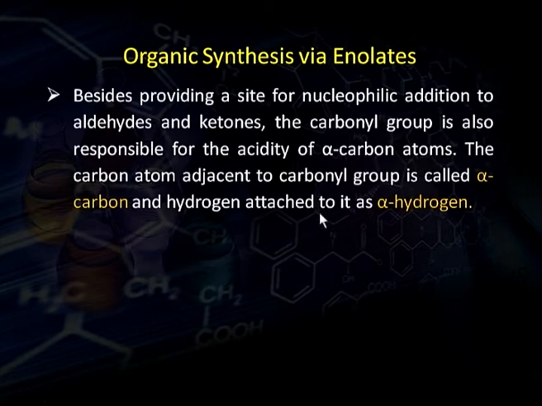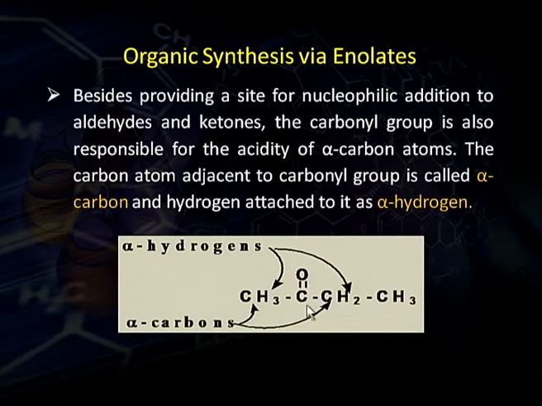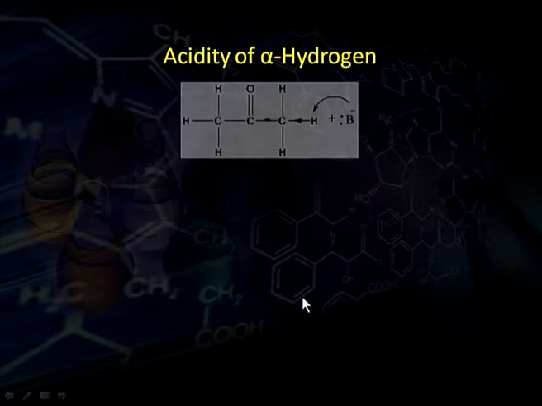Besides providing a site for nucleophilic addition to aldehydes and ketones, the carbonyl group is also responsible for the acidity of alpha carbon atoms. The carbon atom adjacent to the carbonyl group is known as the alpha carbon atom, and hydrogens attached to alpha carbon atoms are known as alpha hydrogens.